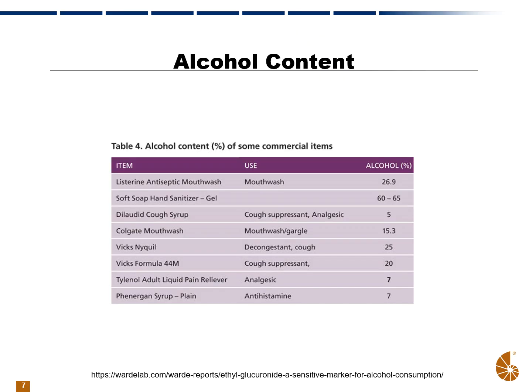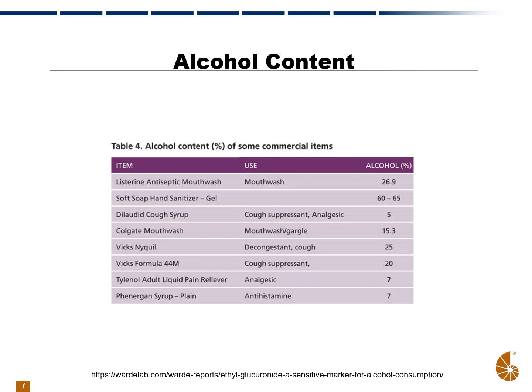Just to remind you about alcohol content in commonly used household items or drugs that are provided or prescribed for patients, especially Listerine, which has a very high alcohol content at 26.9%.